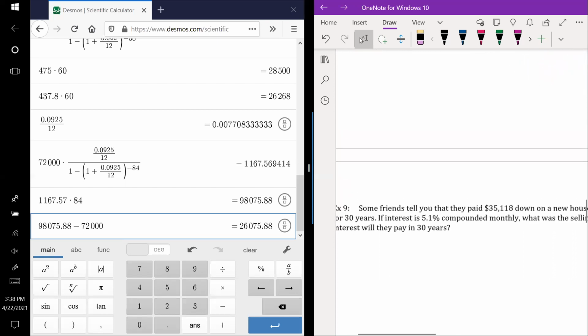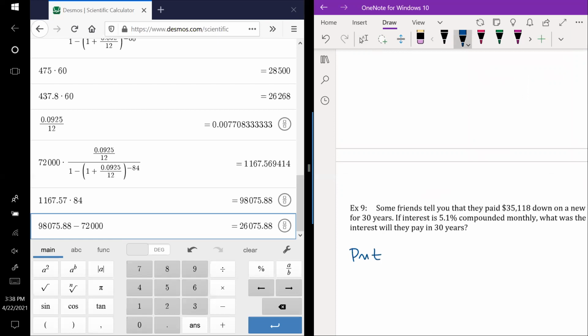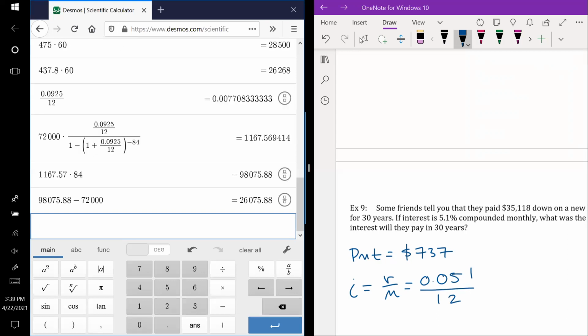So let's go ahead and label everything we know. All right. So we know that we are making a payment of $737. And then I is R over M, and the rate we're getting is 5.1% compounded monthly. 0.051 over 12. Let's see if that's a nice number.